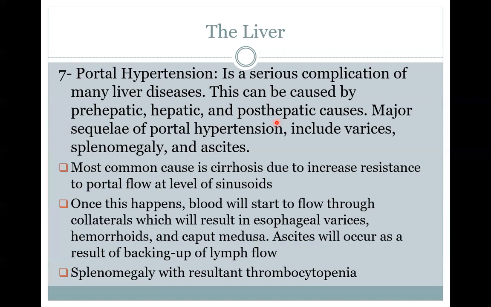When the spleen undergoes enlargement or hypertrophy, some of those cells are going to become entrapped in the spleen, especially the platelets. So the more severe the splenomegaly, the more pronounced the thrombocytopenia.